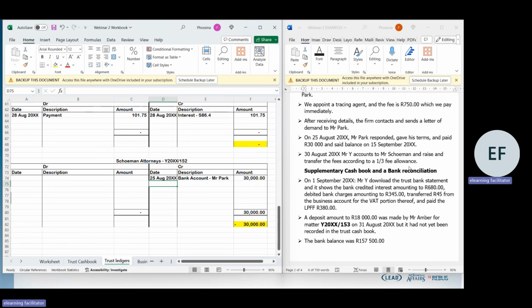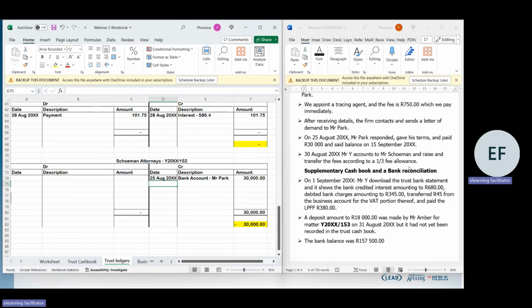So how much is it? Our fee affected by the 1/3, and this 1/3 is going to go to Skuman Attorneys.